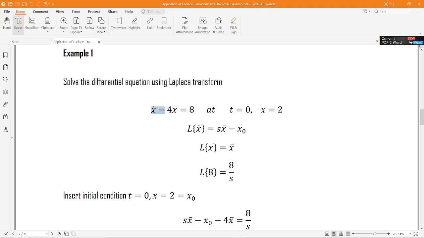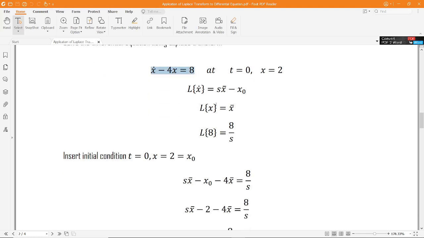So to rewrite all of this, we just plug this back into the equation. Replacing x dot with x bar minus x naught, and replacing x with x bar, so that makes 4x bar. Then replacing 8 with the Laplace equivalent, which is 8 over s.